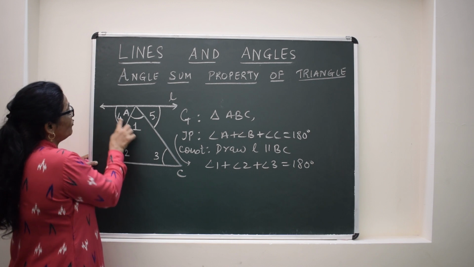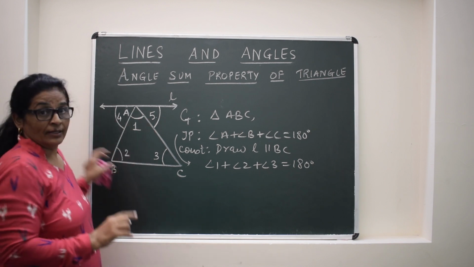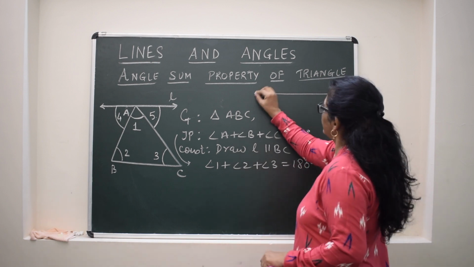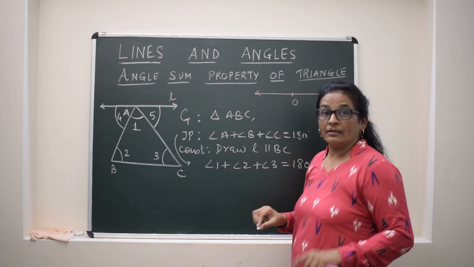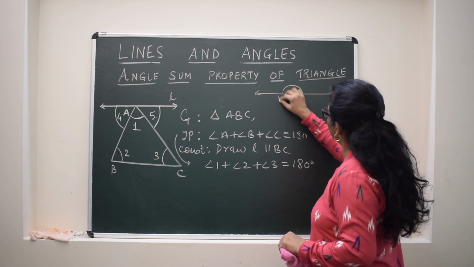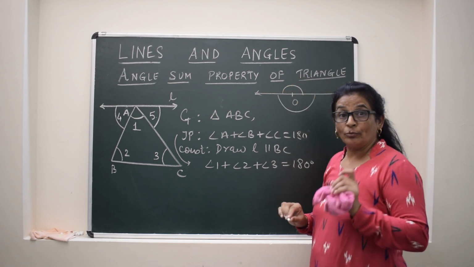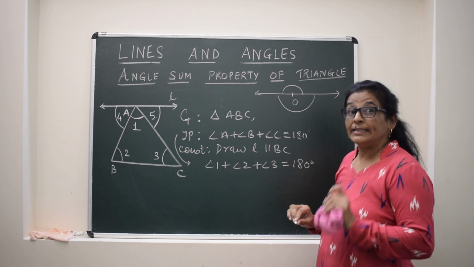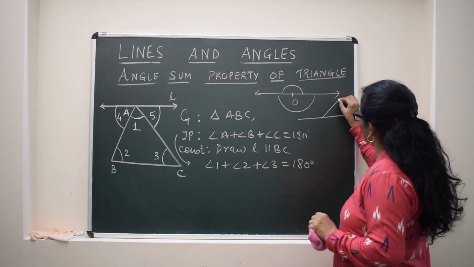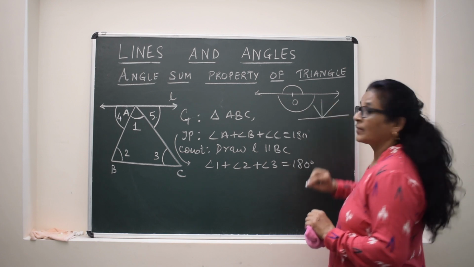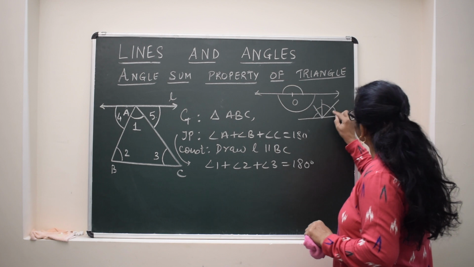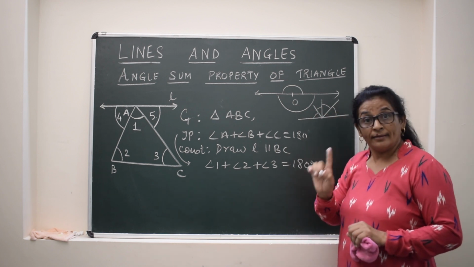Now, look at this angle 4, 1 and 5. The meaning of a straight angle, that is, when we draw a straight line, the angle formed on either side, either this side or this side, would be equal to 180 degrees. And on this line, if we draw some rays, then too, the sum of all these angles will also be 180 degrees.